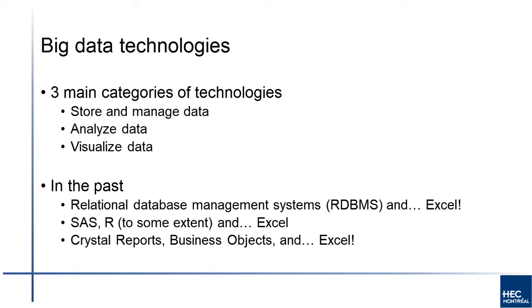R is another product that's being used, but to some extent in traditional organizations, its use was actually fairly limited. And of course, Excel is one of our main tools for analyzing data.